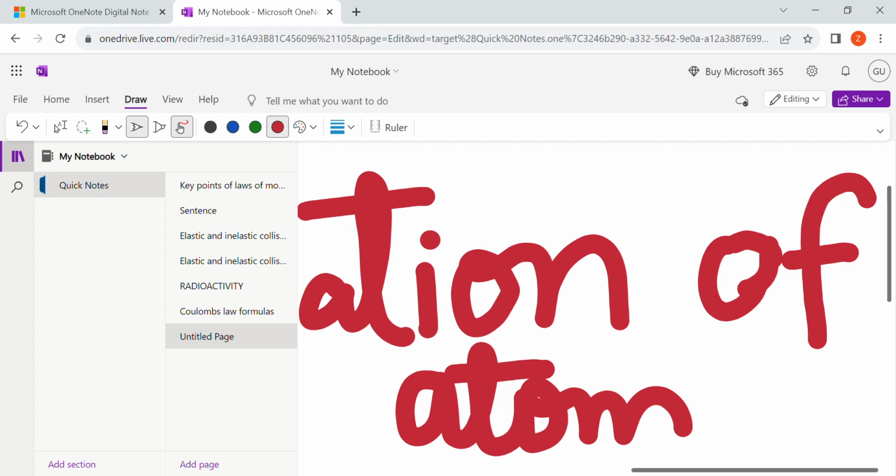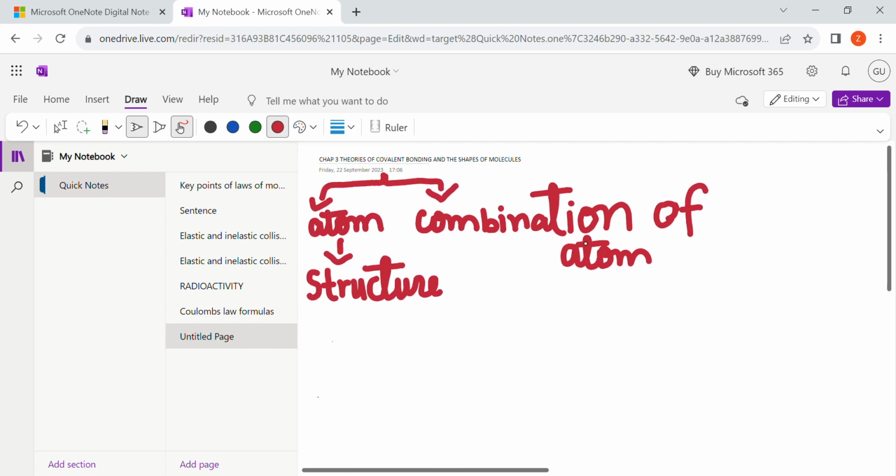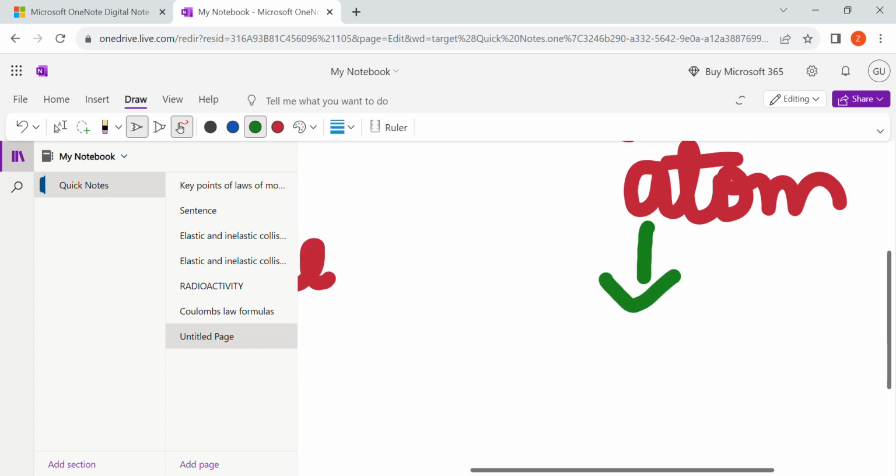And when the energy is released, the stability is more. This is a very confusing concept. I'm going to write it here, but please remember that during the combination, the atom releases energy. Okay?